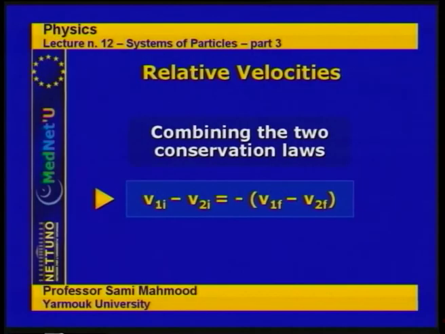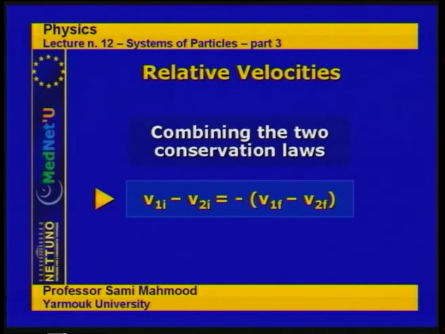So this is the relative velocity between the two objects. Relative velocity before collision is equal to the negative of the relative velocity of particle 1 relative to 2 after collision. This is a linear equation in velocities, and we can use it instead of the conservation of energy.